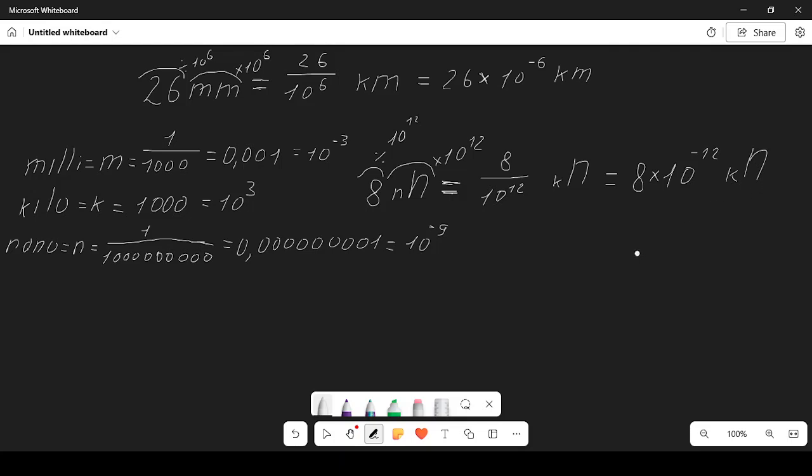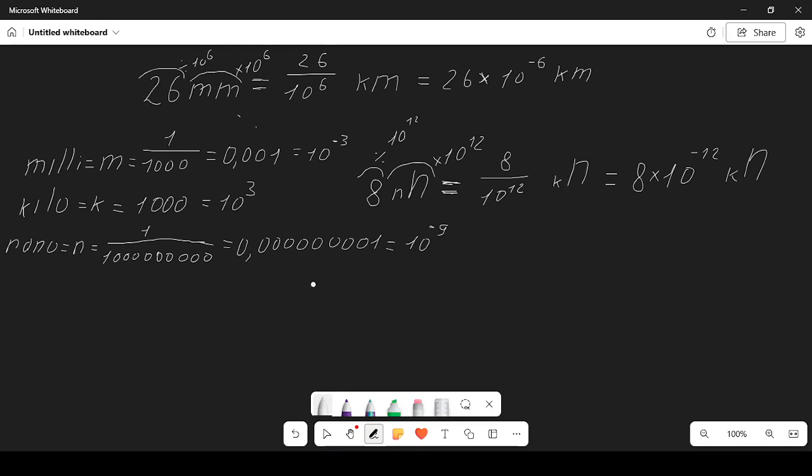Okay, let's do one more. In the previous two examples, we did conversion from smaller units to bigger units, millimeter to kilometer, from nano to kilo. Let's now convert from bigger to smaller.